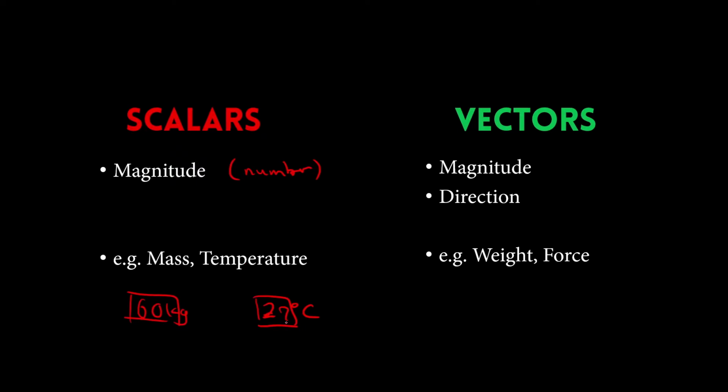Scalar quantities have a magnitude and a magnitude only, whereas vector quantities have a magnitude and a direction. So a magnitude with a number and a direction. Say we talk about weight or force in physics, we would say 60 newtons of force, but that wouldn't be adequate information to be a vector quantity.